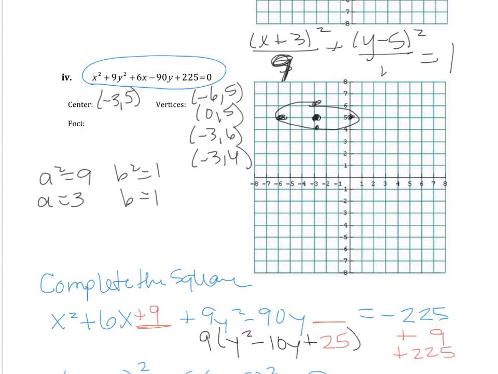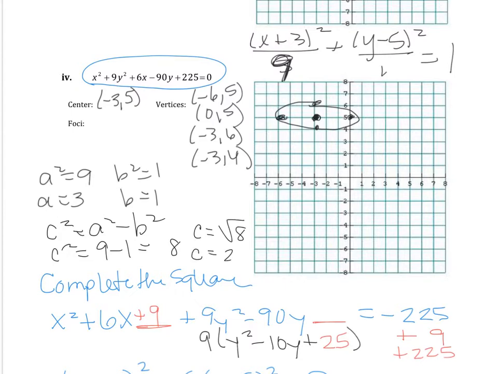Okay, and so now the foci, we're going to need to use our formula, c squared equals a squared minus b squared. So c squared is going to equal 9 minus 1, which is 8. So that means c is equal to the square root of 8, which is 2 root 2. So it's really plus or minus 2 root 2. Okay, so our foci are going to be along the major axis here, and they're 2 root 2 units from the center.